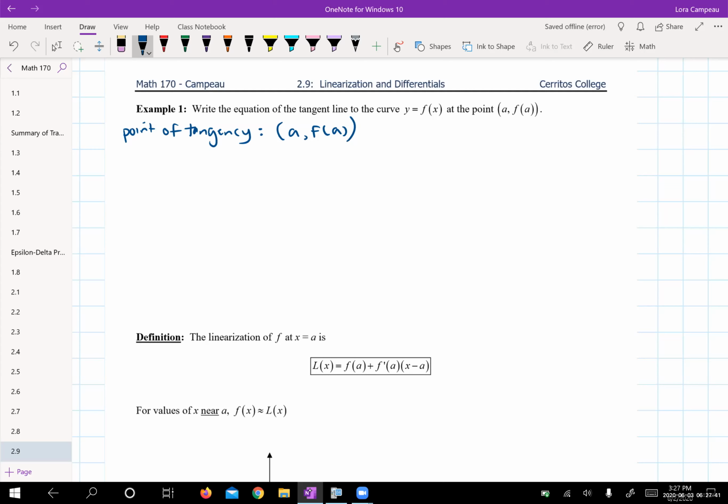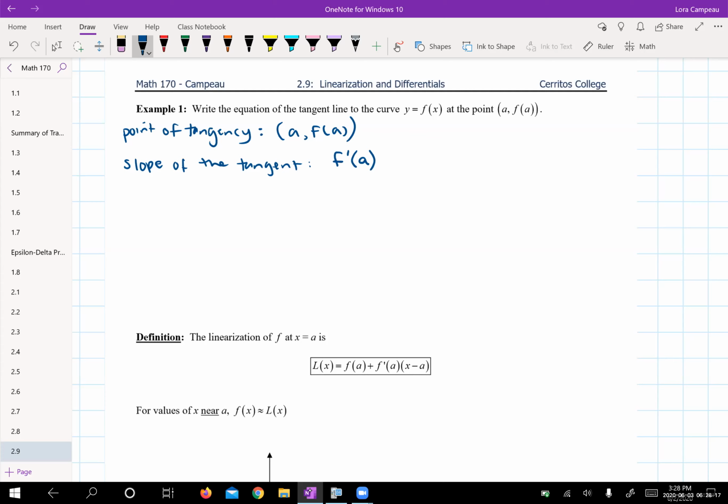We also are looking for the slope of the tangent. And we do not have an actual expression or formula for our function, but we do know the slope of the tangent can be found by calculating the derivative of the function and evaluating that at a. So we're kind of reviewing what we've been working on.